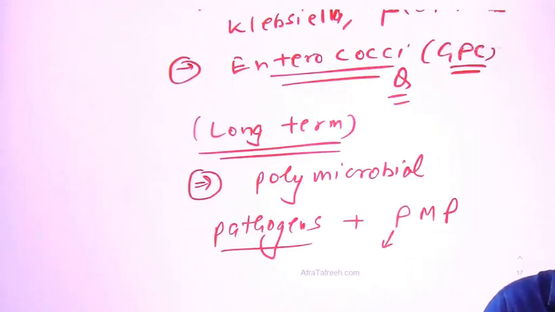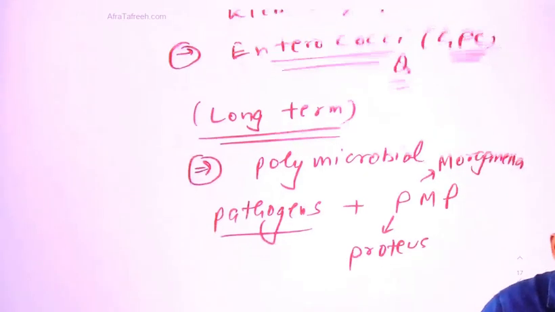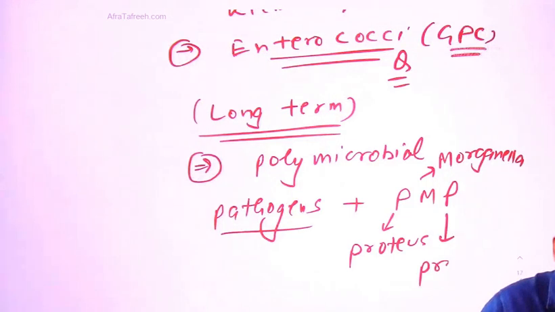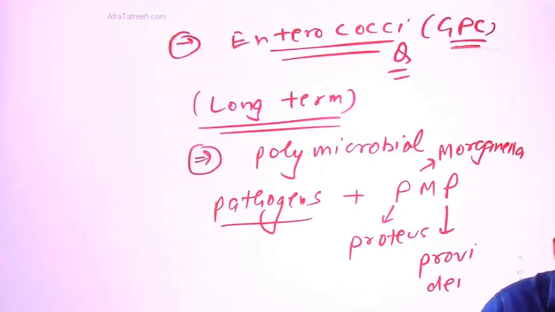PMP: Proteus, Morganella, and Providencia. These are the 3 names which add to the short-term list. So E. coli, Klebsiella, Enterobacter, Pseudomonas, along with Enterococcus and PMP, Proteus, Morganella and Providencia.